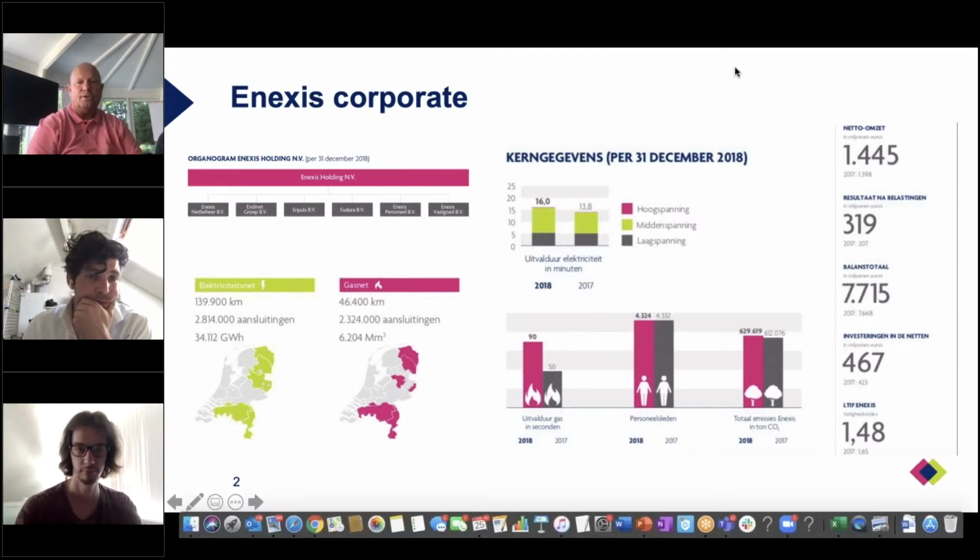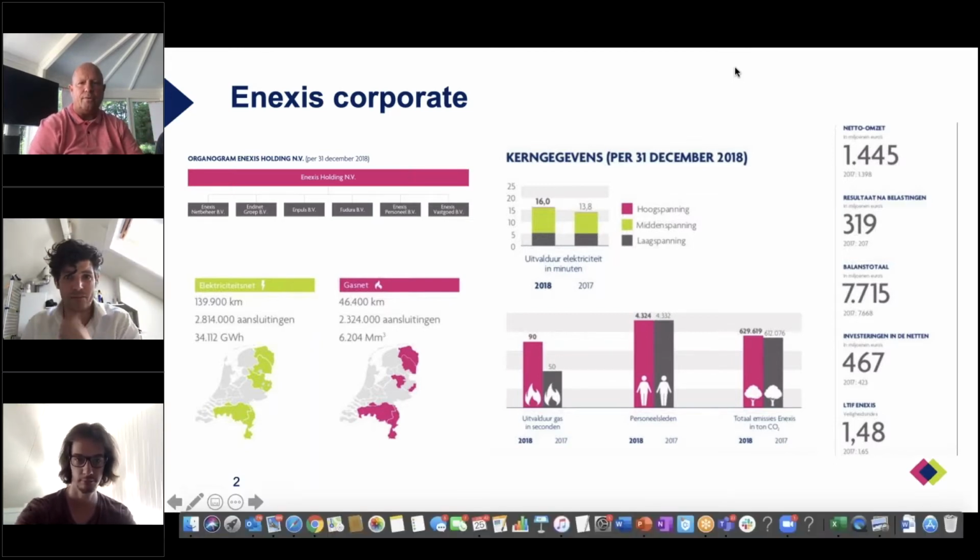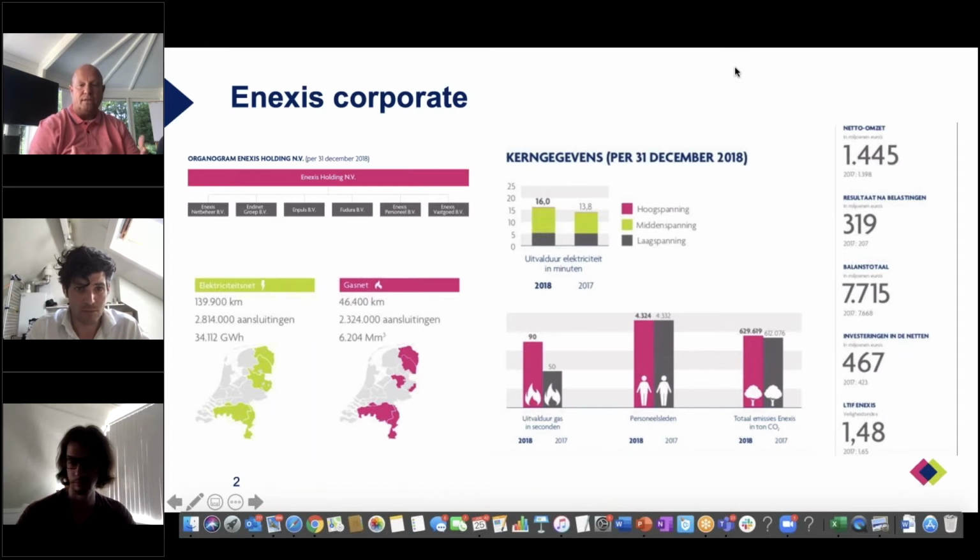There are 2 or 3 grid companies in total in the Netherlands, responsible for the electricity and gas grid and making sure that it is available for everyone, so that we have electricity and gas. It has a revenue of 1.5 billion and around 5,000 people who work there.